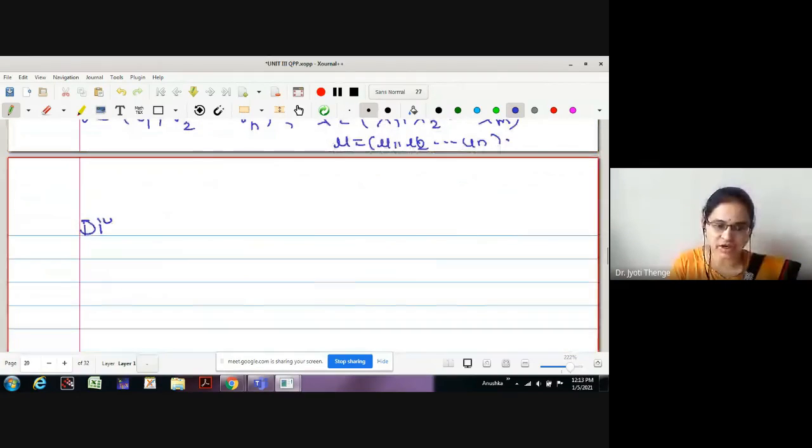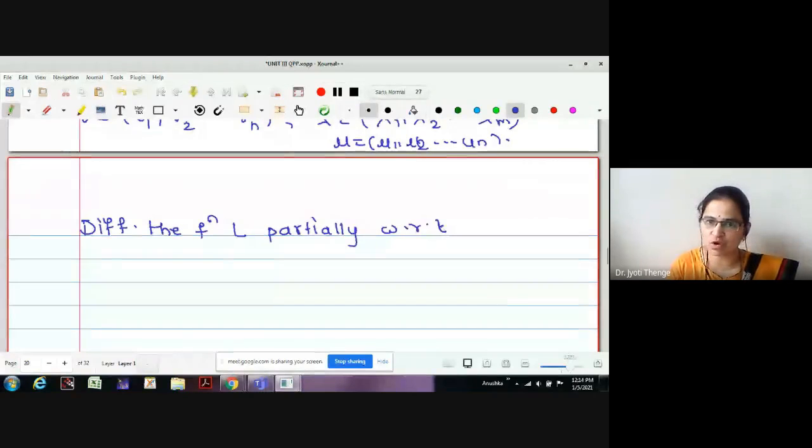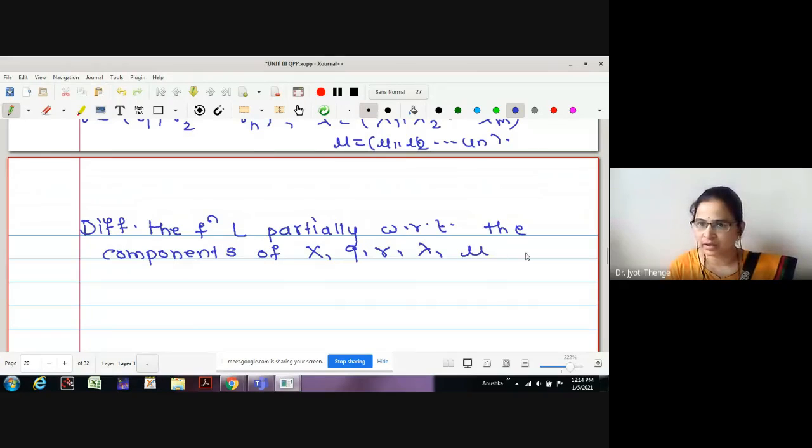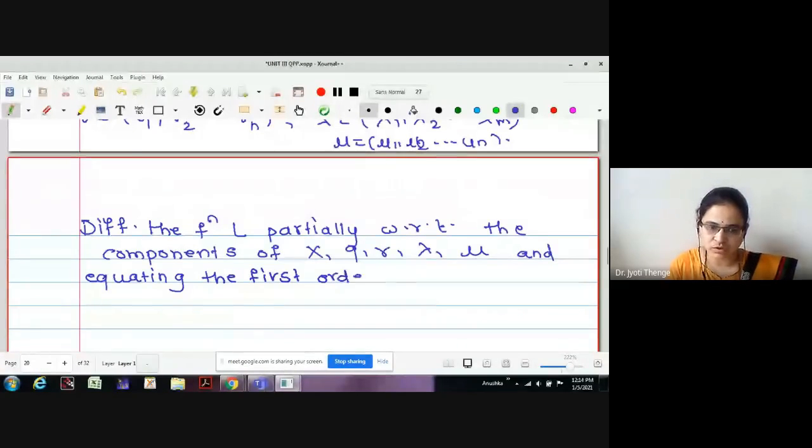We were going to differentiate the function L partially with respect to the components of the variables x, q, r, lambda, mu, and equate the first order partial derivatives to 0, and we derive the Kuhn-Tucker conditions.